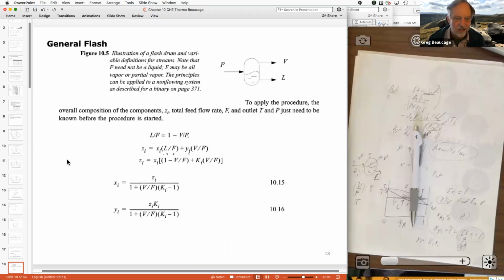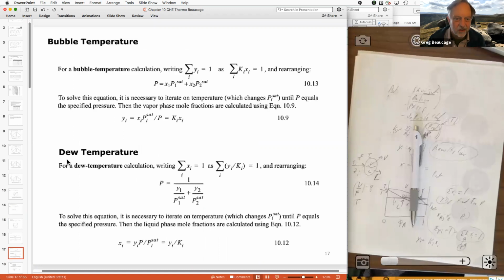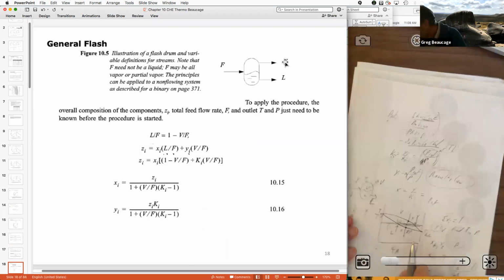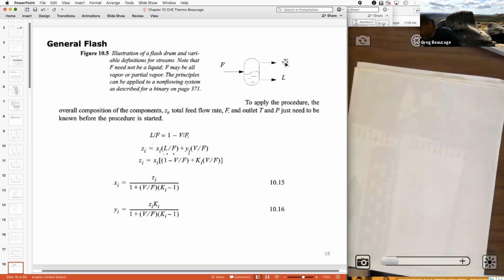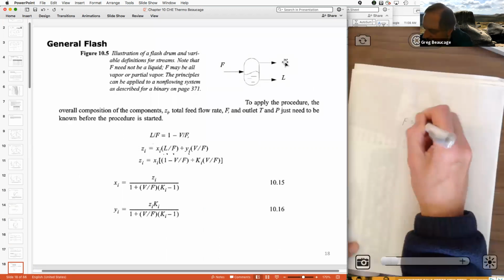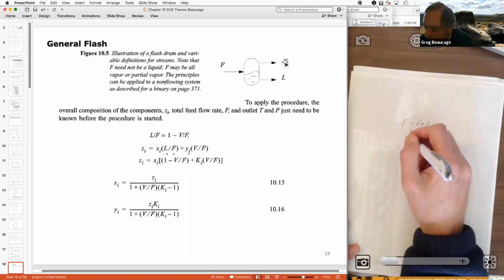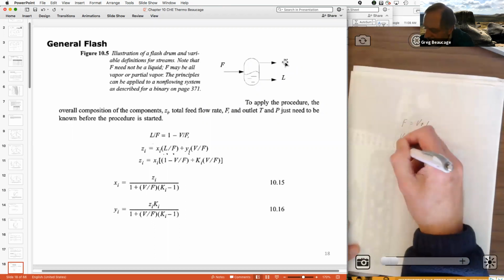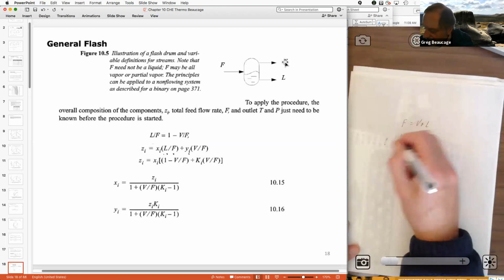Then the flash. I didn't exactly go through this equation, but the idea is you're going to separate into a vapor and a liquid in a flash. So you know that the feed has to equal V plus L, and then you want to get V by F, which is the thing you usually solve for, because that's basically the Q equality.